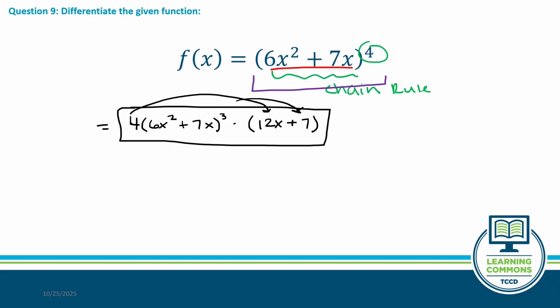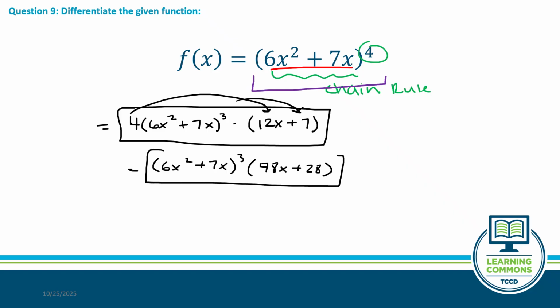So you could write it as (6x squared plus 7x) to the 3rd times (48x plus 28). That's also equivalent. It's fine. But again, it's just if you really think she's going to count it against you.